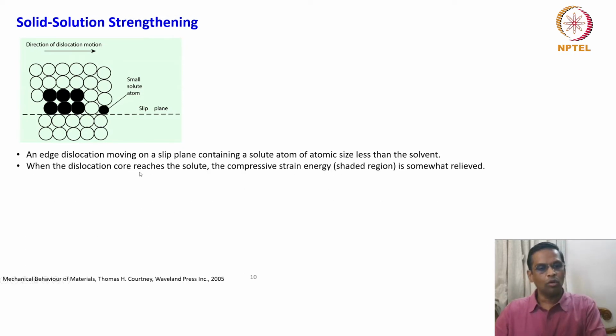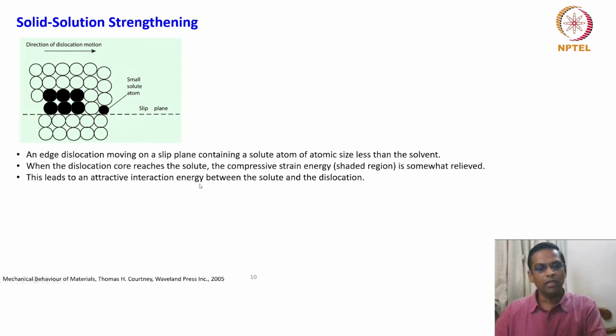When the dislocation core reaches the solute, the compressive strain energy is somewhat relieved. So what have we seen in the dislocation core? Above the extra half plane, especially the hydrostatic compression, that is what we have seen. So the compressive strain energy is somewhat relieved when the small solute atom goes and gets locked inside the dislocation core.